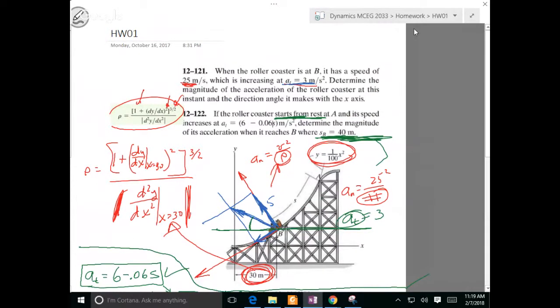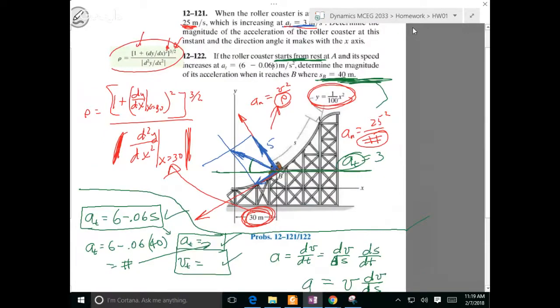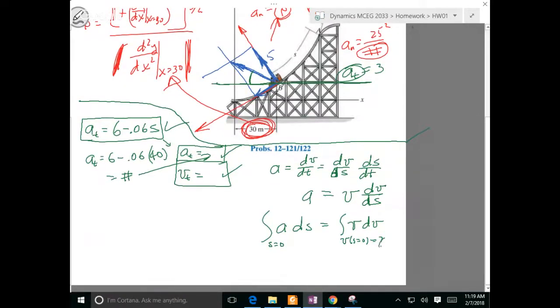Otherwise, if he doesn't tell you it starts at rest, there's no problem to do. So that's a 0. This is the velocity, and this is at 40. So then what you're doing is you're just inserting this equation right in here, dropping it down and just saying 6 minus 0.06 s ds.